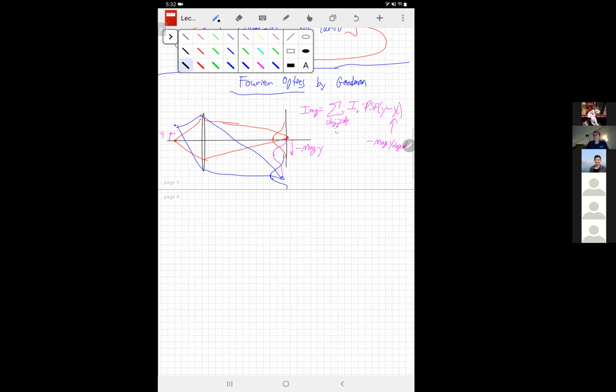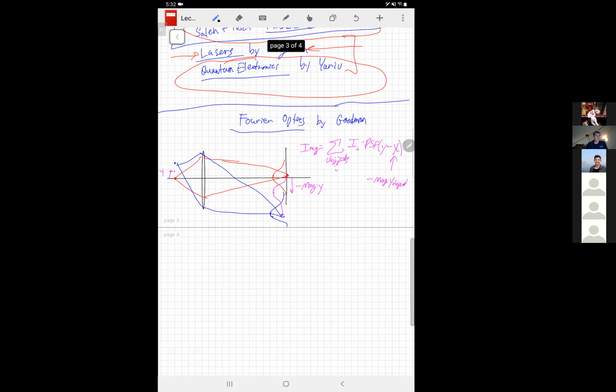Then you have to pay a little more attention to polar coordinates versus spherical, and what the units of this I in front are. 1D versus 2D have some differences, but essentially all of the key ideas can be communicated with just a 1D model.